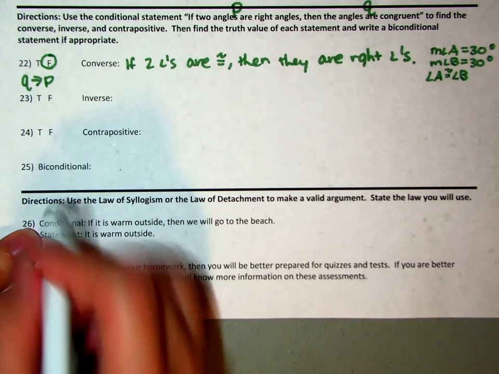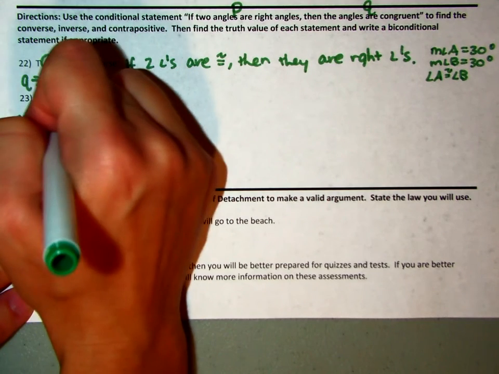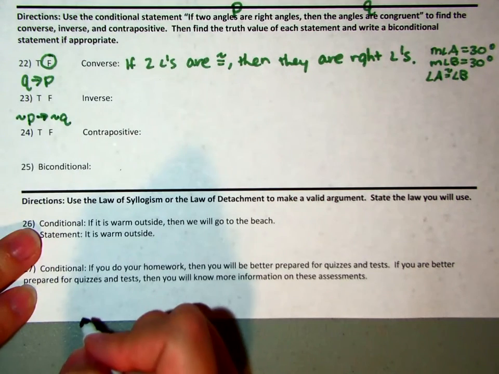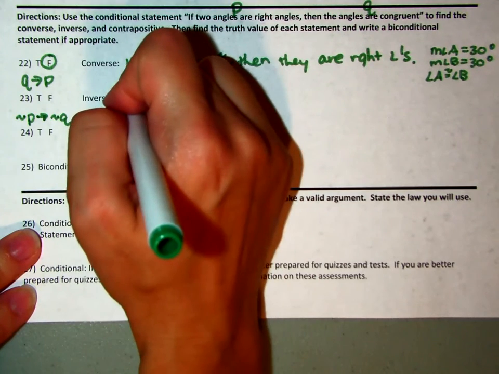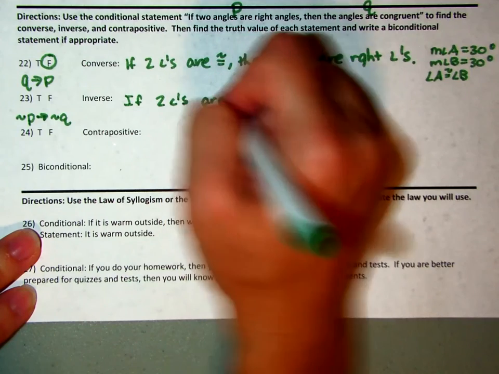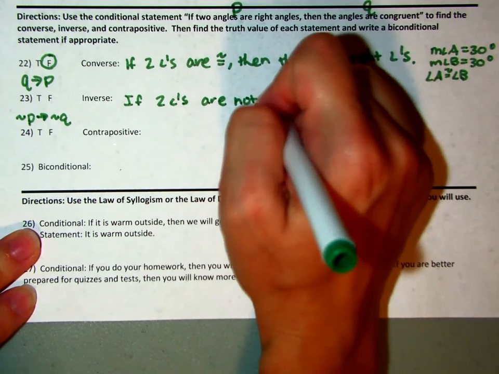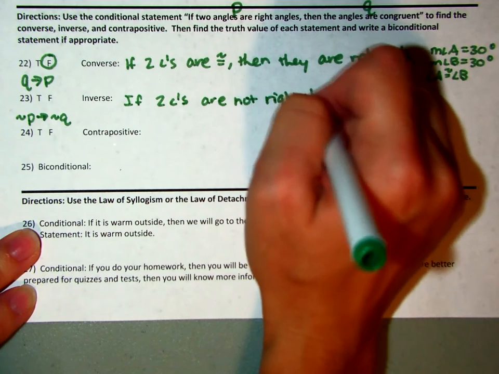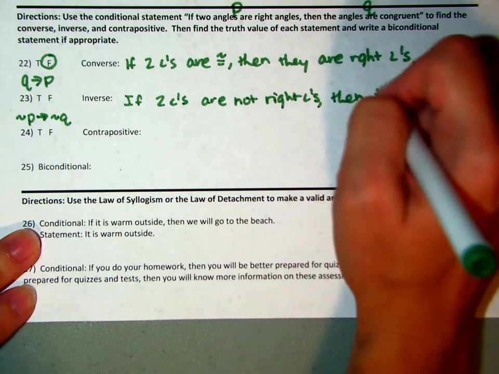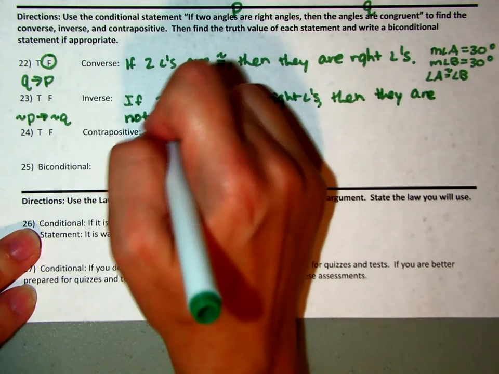An inverse is when you negate P and then you negate Q, meaning find the opposite of them. So the inverse is if two angles are not right angles, so we're just doing the opposite of this hypothesis, then they are not congruent.